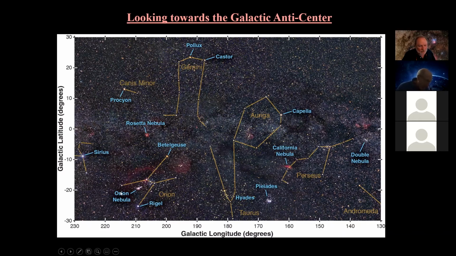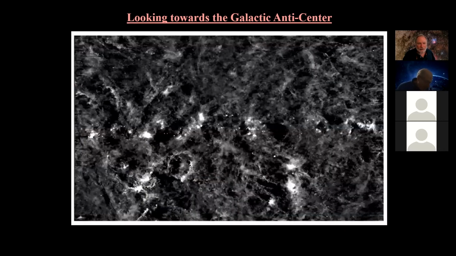Barnard's Loop, which I don't think you can see with your eyes, even through a telescope. You need photographs. But there's the Orion Nebula here. And the Pleiades, which is a naked eye object, which is fun to test your eyes for how many stars you can see. And here's what we see in 100 microns.